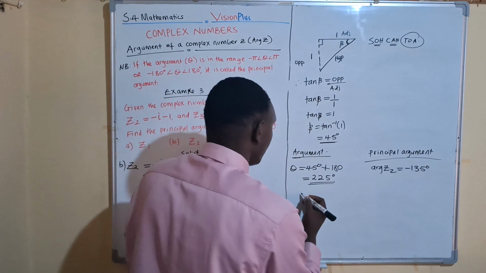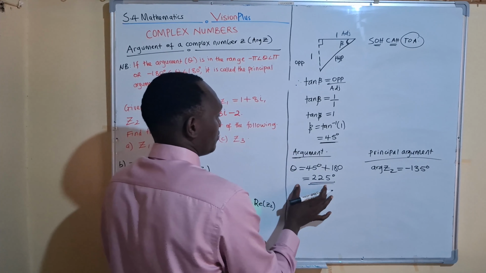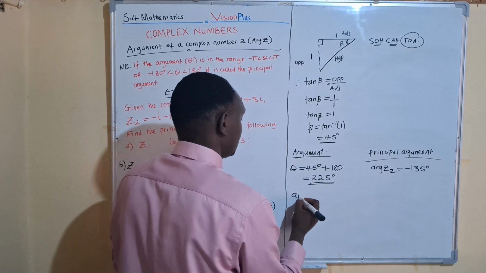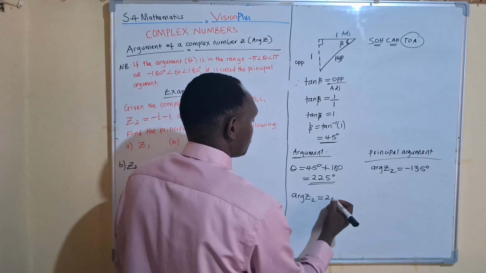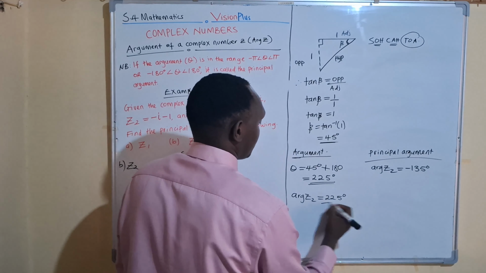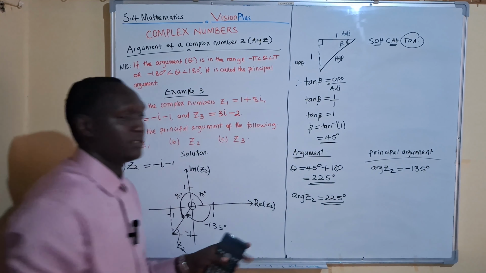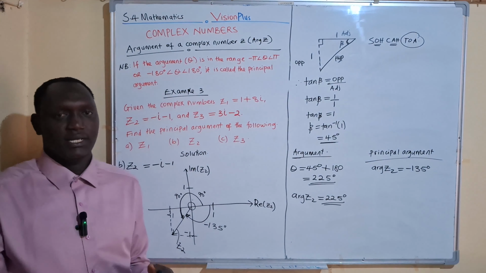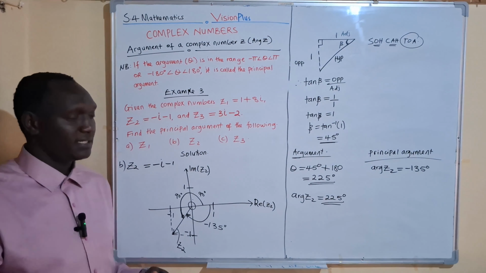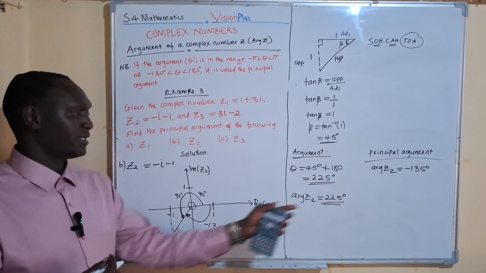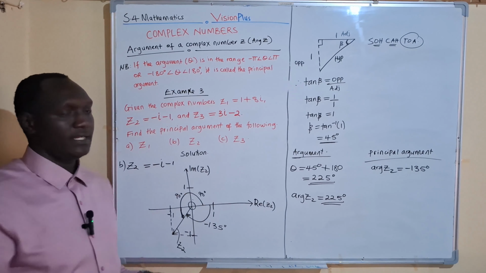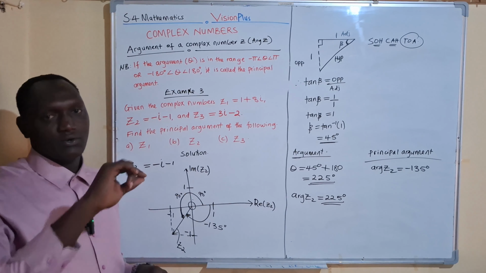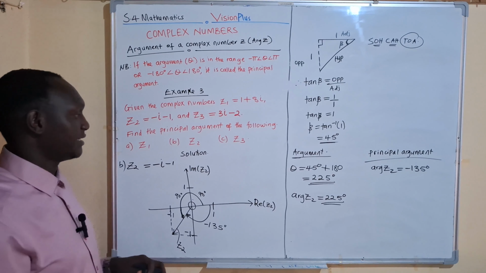But the argument alone, the argument of Z2, is the same as 225 degrees. These two angles point in the same direction. The only difference is the direction of turn. This one turns anti-clockwise. The other one, which is the principal argument, turns clockwise. That's why it is negative.